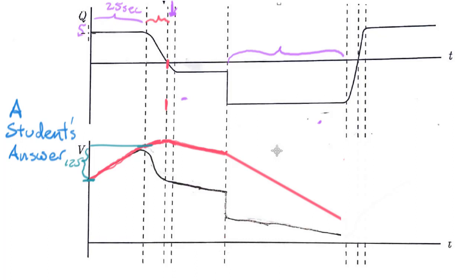And you can think of that 5 liters per second times 25 seconds as the area under this curve right here. Do you see what's going on here? This change in volume is the area under the Q curve. That's curious. Now notice that the volume is still increasing after that, right?